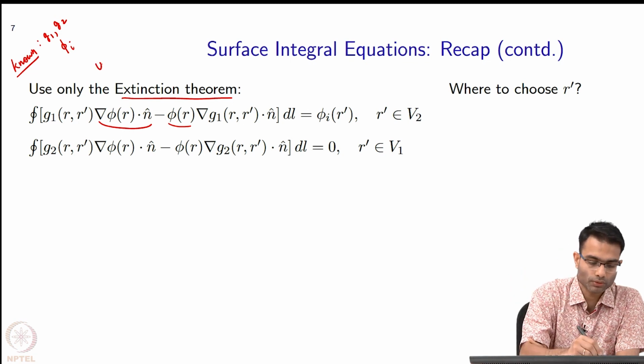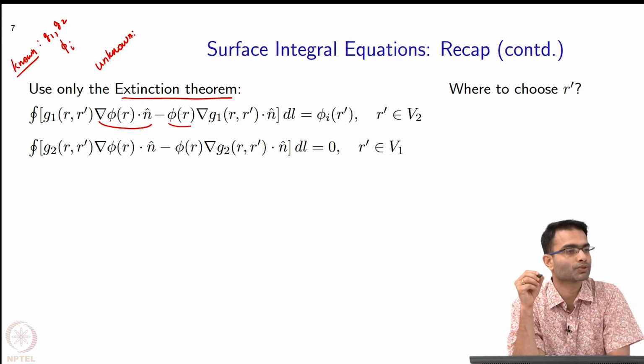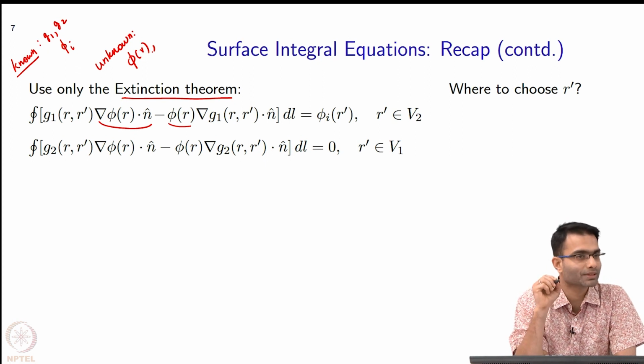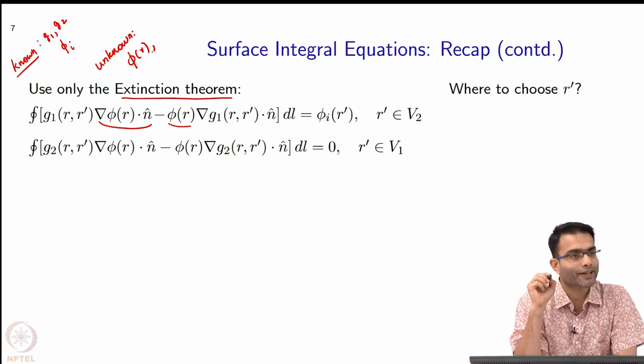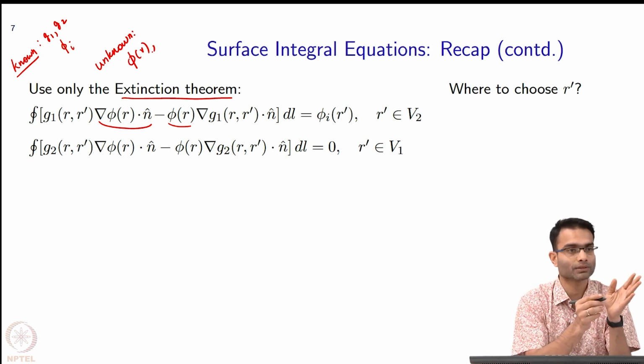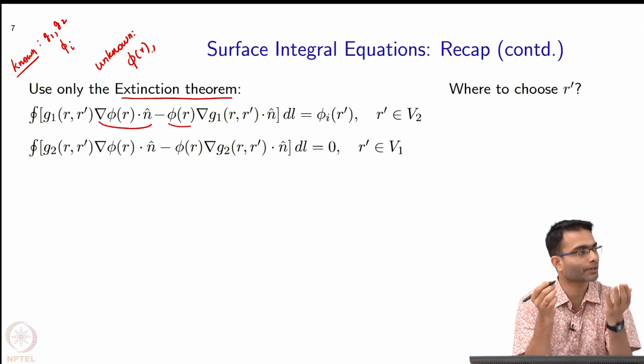And what is unknown now, which I want to solve for? Phi is definitely unknown. Can we make the other unknown a little bit more precise? Grad phi dot n hat, right, because n hat is known, but what is easier, to solve for a scalar or a vector? Scalar, right. So, if I know n hat, instead of trying to find out grad phi, which is a vector, may as well make the new unknown grad phi dot n hat.